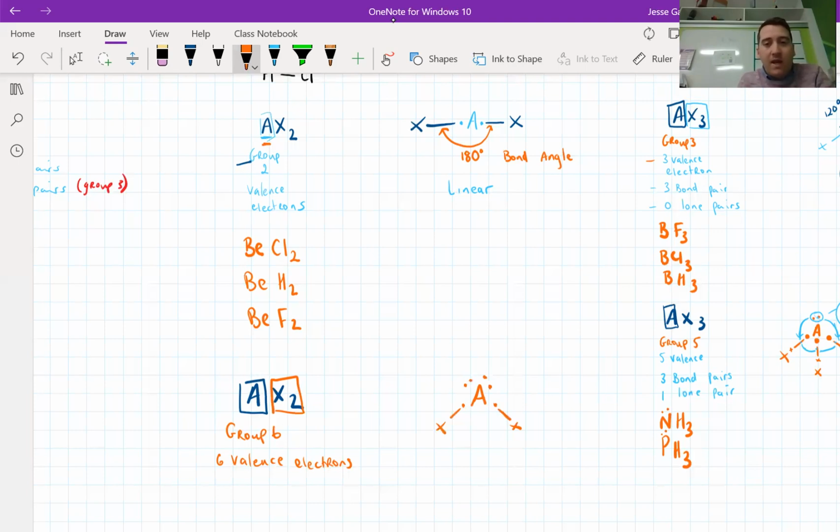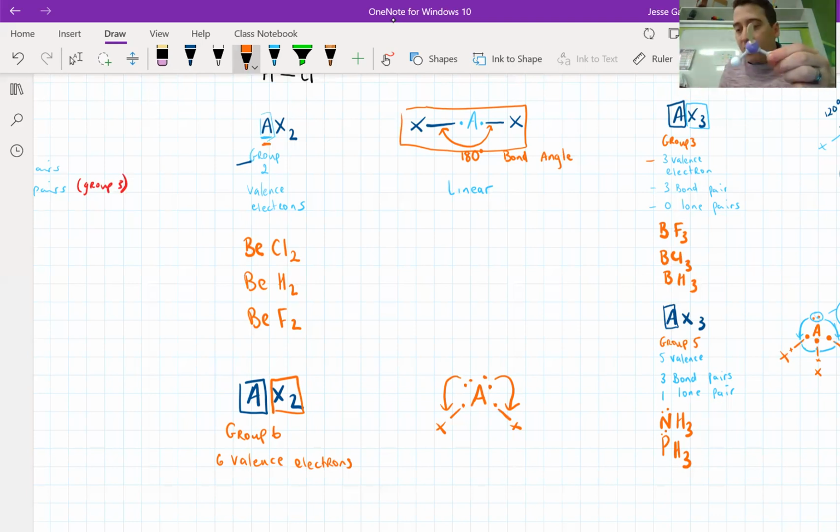So it cannot be linear like it was up here. The A up here had no lone pairs, but the A here does have lone pairs, and they push down the bond pairs like that. They skew the bond angle. That would look like this. So here is a central atom, this purple one, and here are the 2 atoms attached.